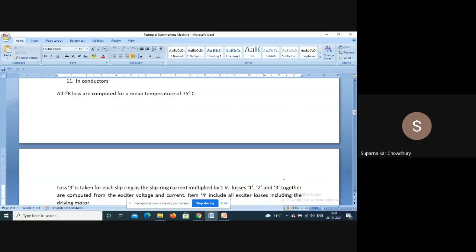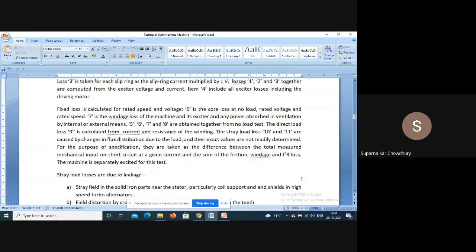Now, the stray load loss is not possible to determine exactly. Normally, what is done for a short circuit test condition, there is a slight difference between the mechanical input and the computed losses. That is the short circuit condition. We have the friction, windage, bearing friction loss, I square R loss, and a slight amount of core loss.